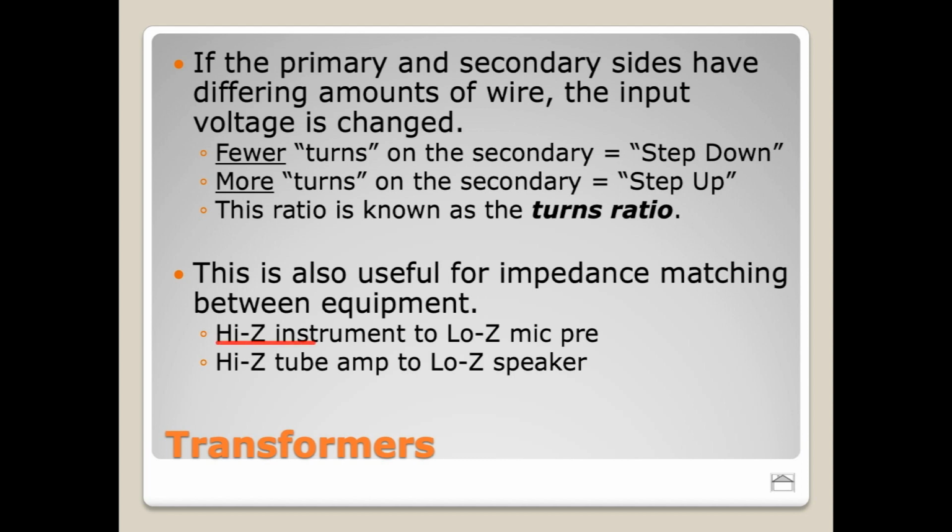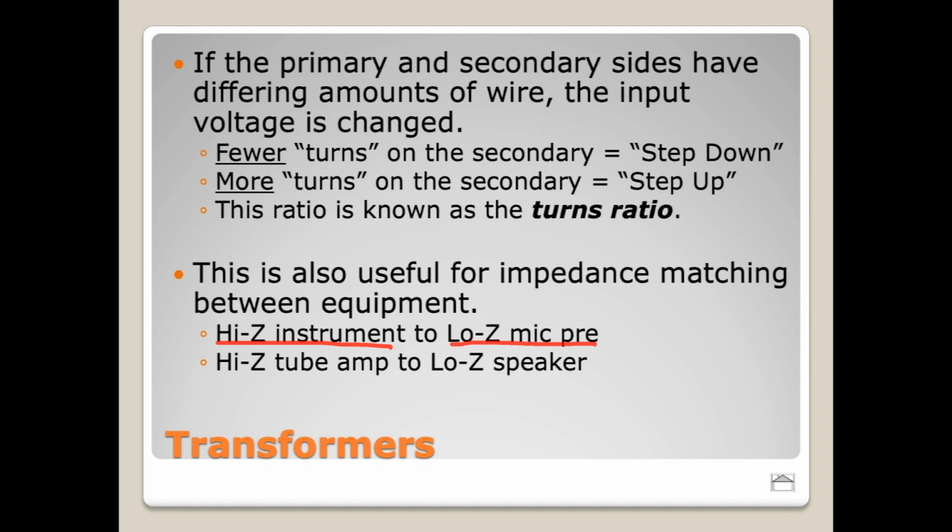So if we have a high impedance instrument, let's say the output of a bass guitar with a pickup, and we want to interface that with a low impedance microphone preamplifier, having a transformer between the two will help accomplish that quite a bit. If you guys remember the discussion that we had in sound reinforcement last semester, you'll remember that this is effectively what's happening inside a direct box, right?